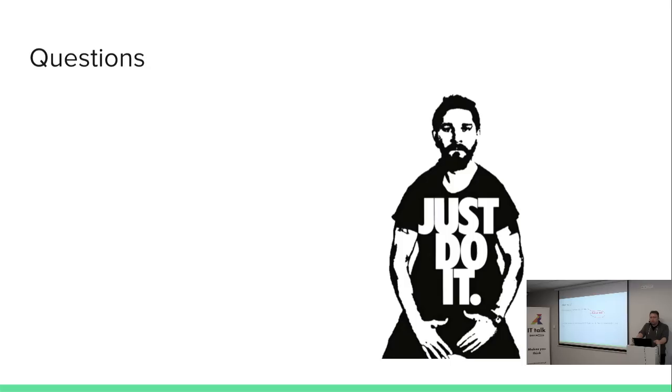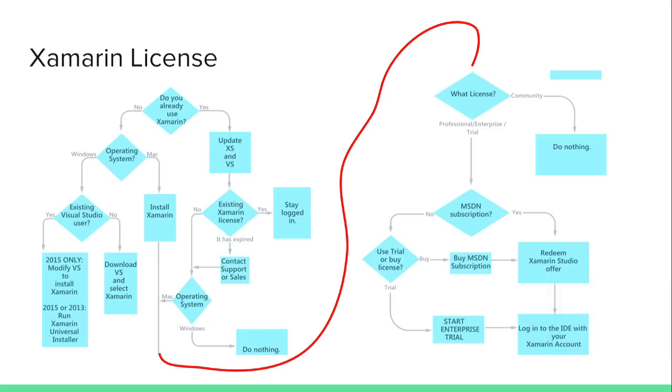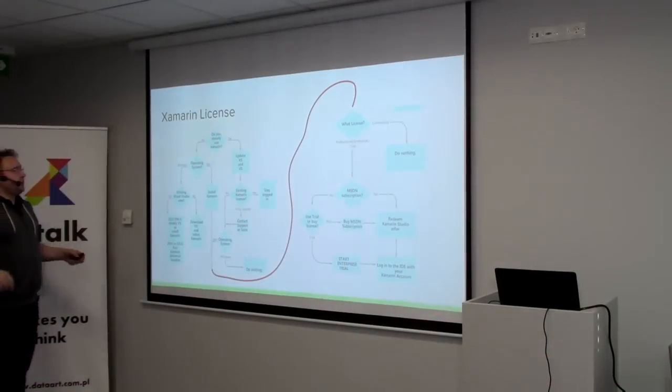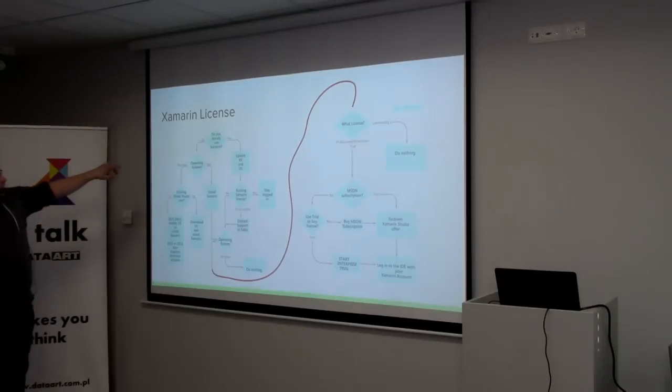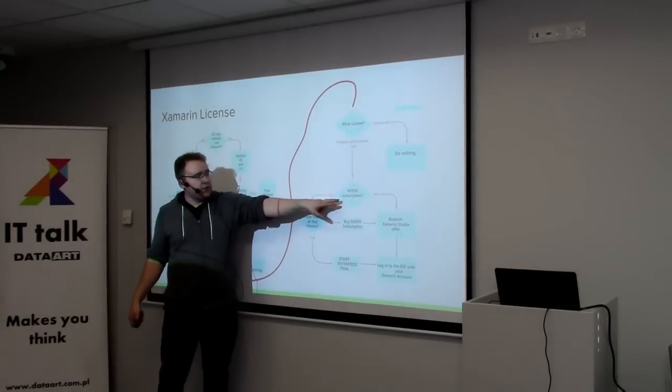But we are aware of one thing. It's on that slide: the Xamarin license. Don't look at this, I will explain it in a few words. Basically, this is the default roadmap for you. If you're a Windows developer, the only way is to have an MSDN subscription.